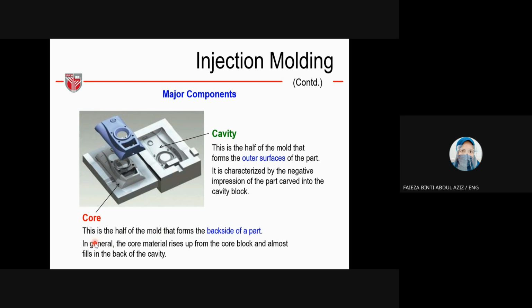In general, the core material rises up from the core block and almost fills in the back of the cavity. Usually the core rises up a bit. And the cavity is the half of the mold that forms the outer surface of the part. It is characterized by the negative impression of the part carved into the cavity block.